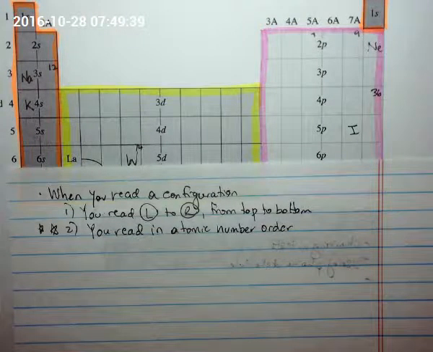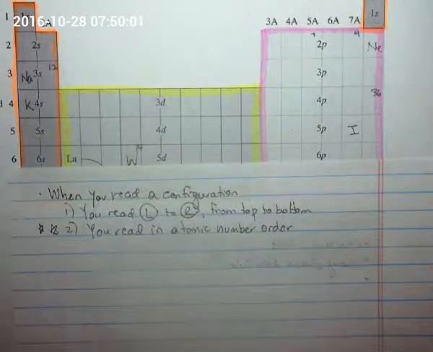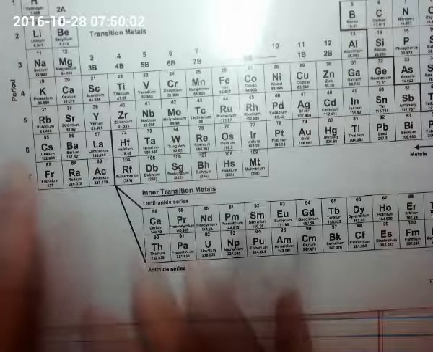Well, here's where things get kind of ugly. Take a look at your periodic tables. Especially when you get down to the 6th row. Okay, so what do you notice about the atomic number order when you get down here to the 6th row?